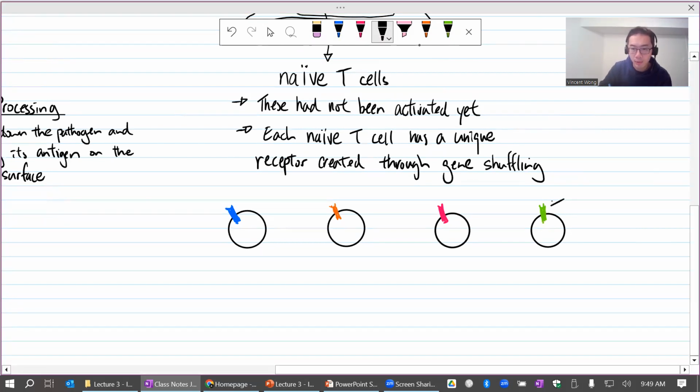Okay, so these are receptors for recognizing things. At any given time, you would have a pool of naive T cells in the body, and they would have a different receptor for each of the T cells.